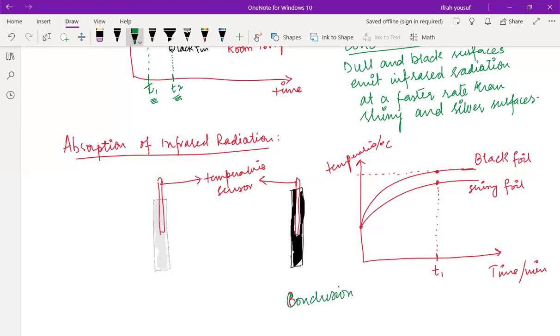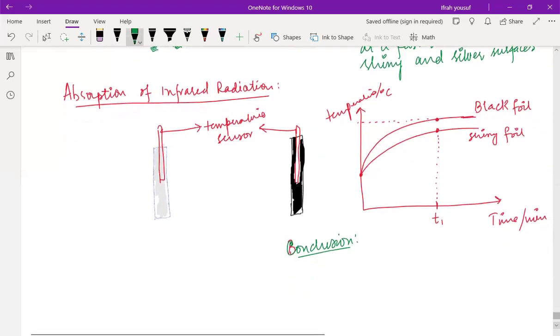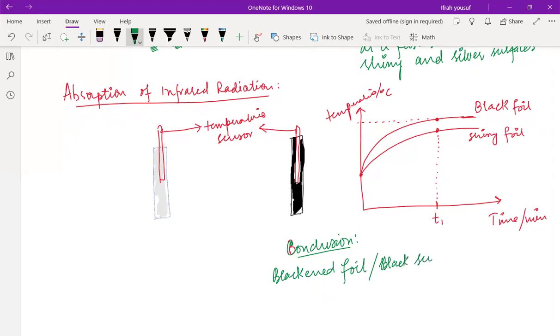So this is going to be our conclusion that the blackened foil, or we can say the black surfaces, are good absorbers of infrared radiation.